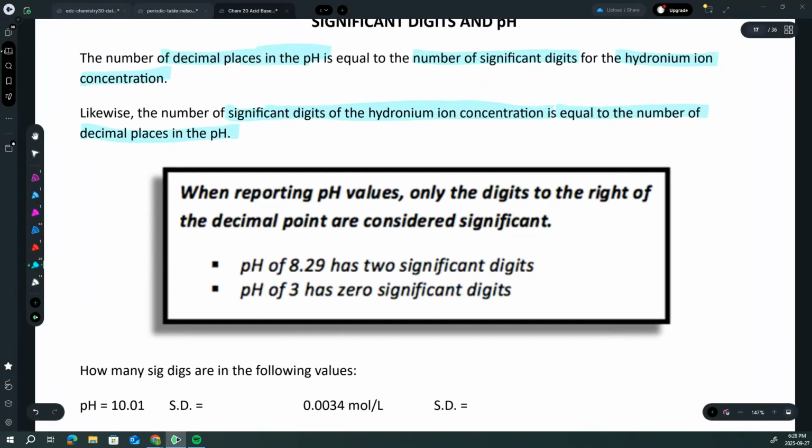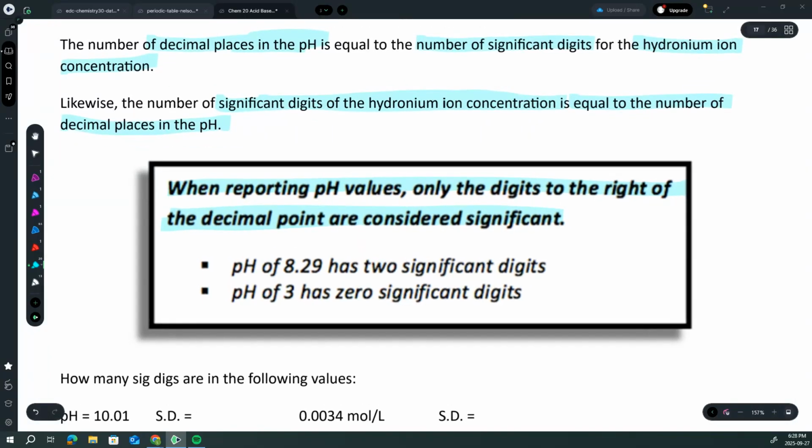Another way to say this is, when reporting pH values, only the digits to the right of the decimal are considered significant. How I like to summarize this is that pH and pOH both have a P in them, so you're always looking after the point, emphasis on the P in point, for your significant digits.